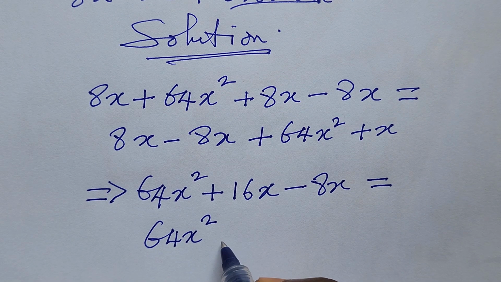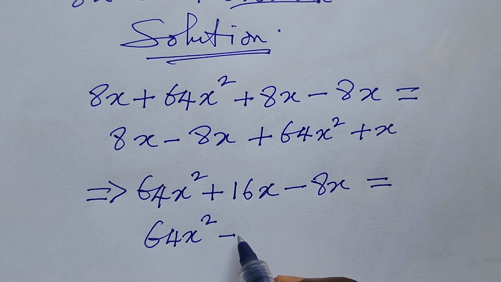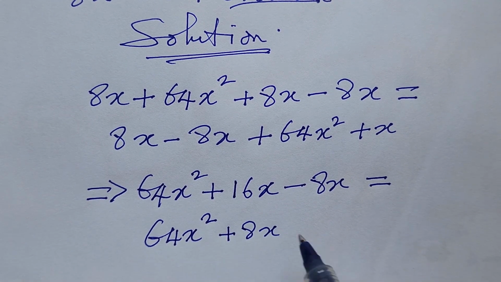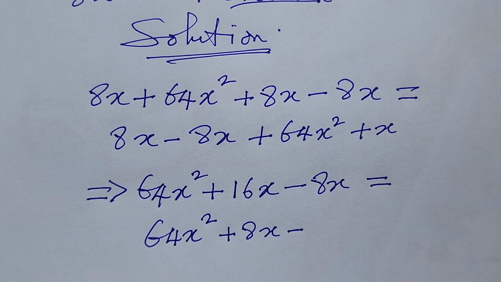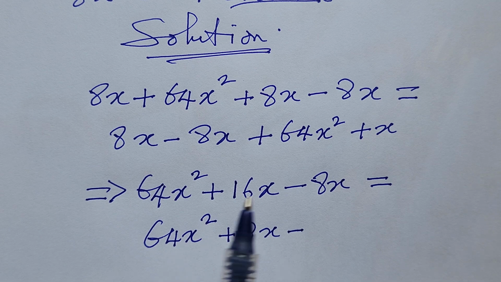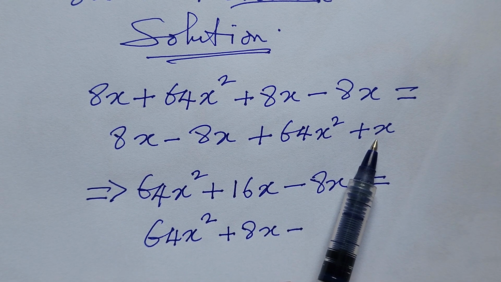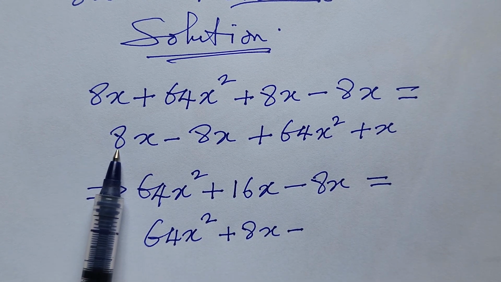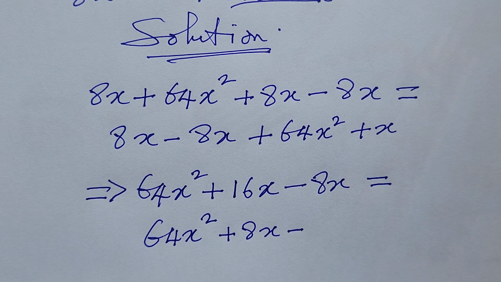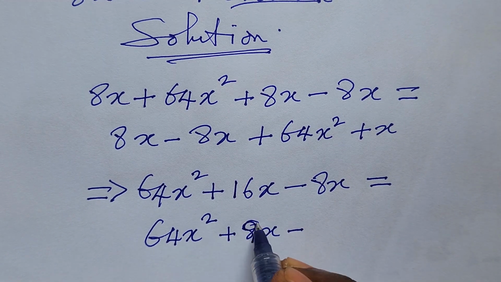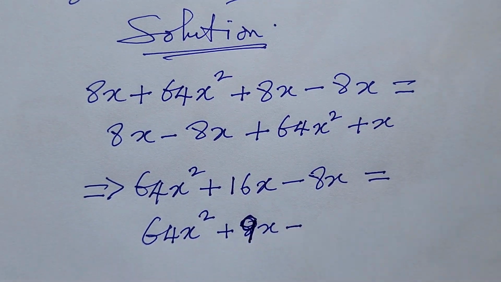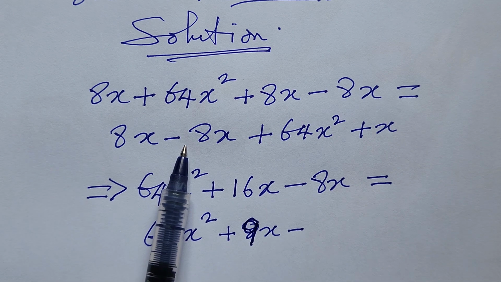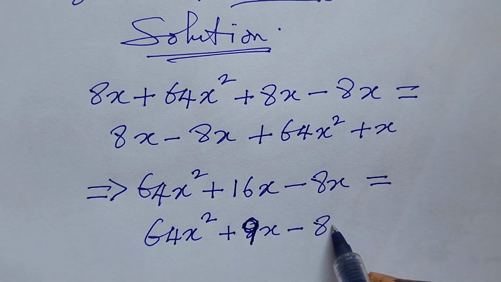Here we have plus x, so 8x plus x will give us 9x. Okay, so we have our 9x, then we have this to be minus 8x.